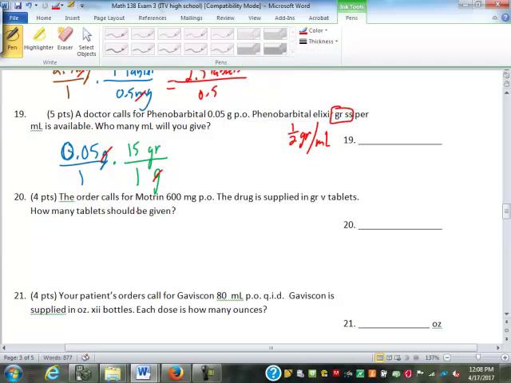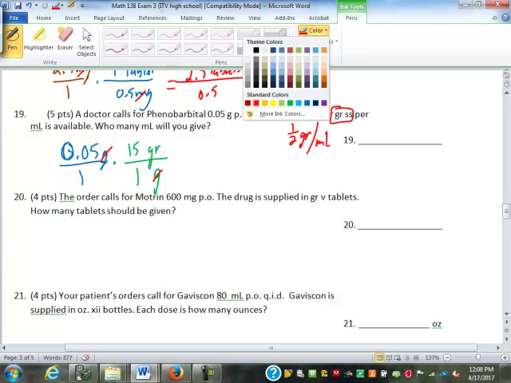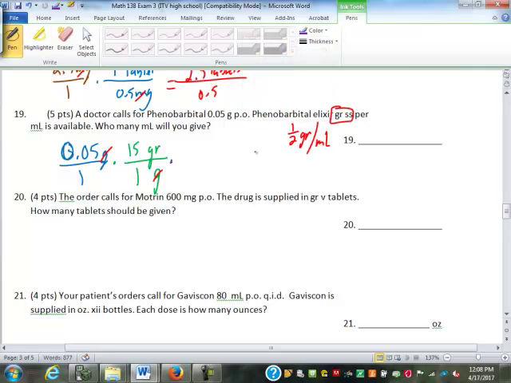You look up that conversion out of the book. So the grams cancel out. We have 0.05 times 15 grains so far. And now we can go grains to milliliters. 1/2 a grain to 1 milliliter. So on top here we have 0.05 times 15, the grains have canceled out, times 1 milliliter, which is 0.75 milliliters.